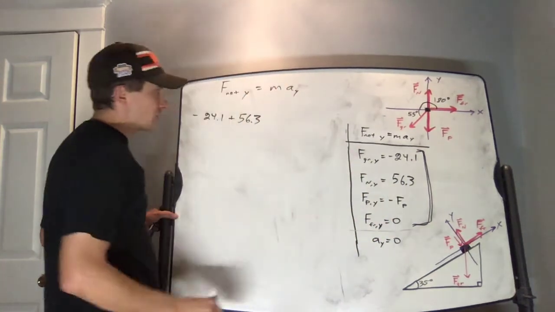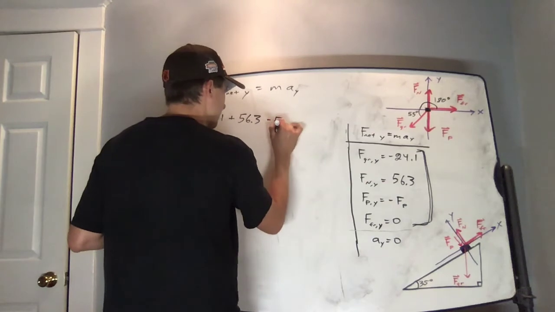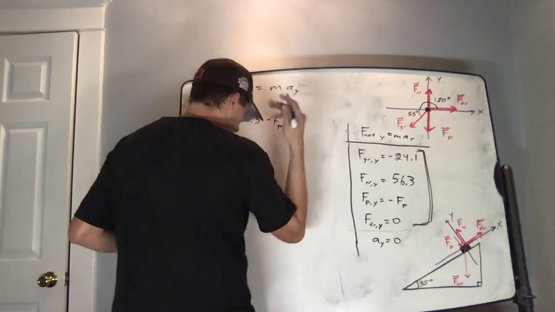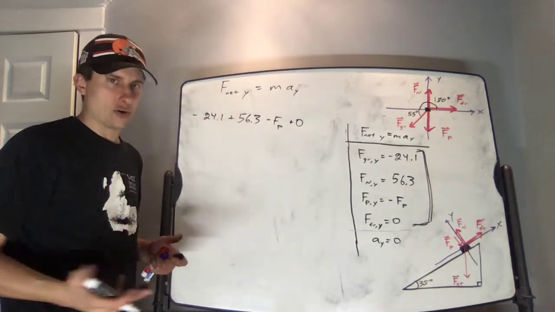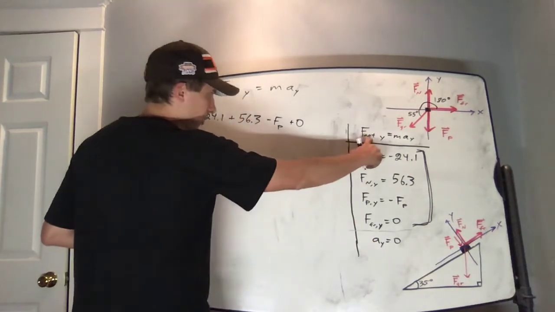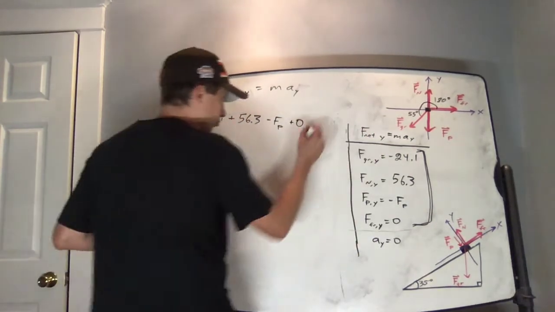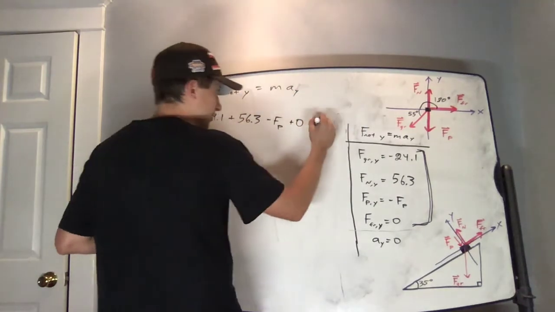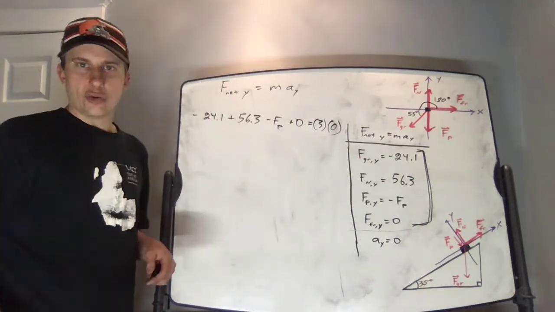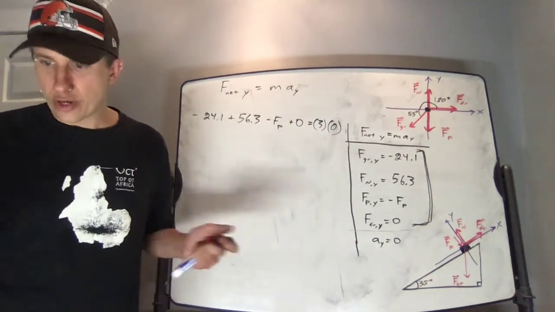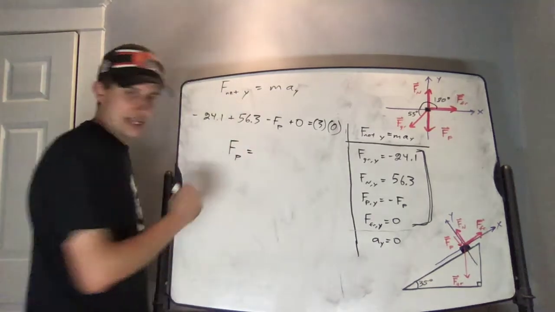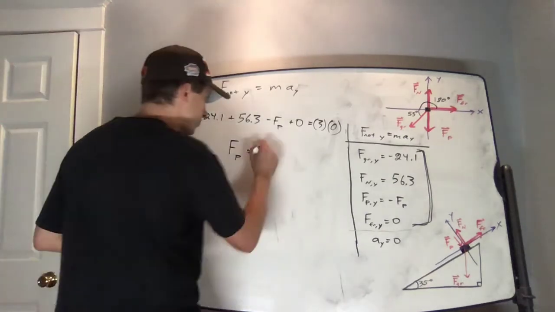The push in the y direction is minus Fp. The friction in the y direction is 0. This makes our math a little easier. Anytime you need to add or multiply by 0, that's nice to work with. And we used up all the forces for F net y equals mass times acceleration. So the mass of the crate is 3 kilograms, but again, the acceleration is 0. So at this point, I could go through the arithmetic of the problem, and I find that the force of the push on the crate is equal to 32.2 newtons.